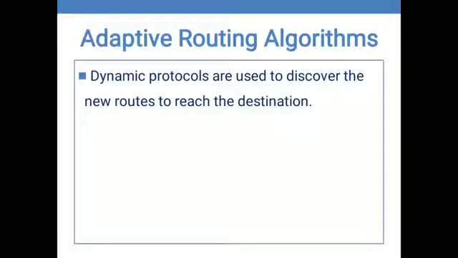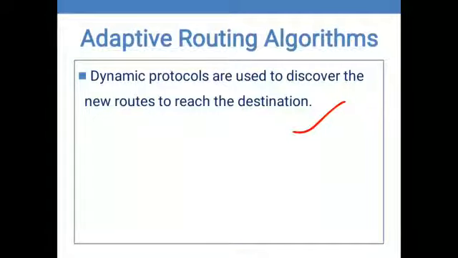Dynamic protocols are used to discover the new routes to reach the destination. So this is the important point. What is that? Dynamic protocols. These adaptive routing protocols are used to discover the new routes to reach the destination. Sometimes, if we are selecting a best path, the router will choose one path as the best path. After that, due to the topology or due to the condition, some additional routers are added, or some other routes are considered as the best path.